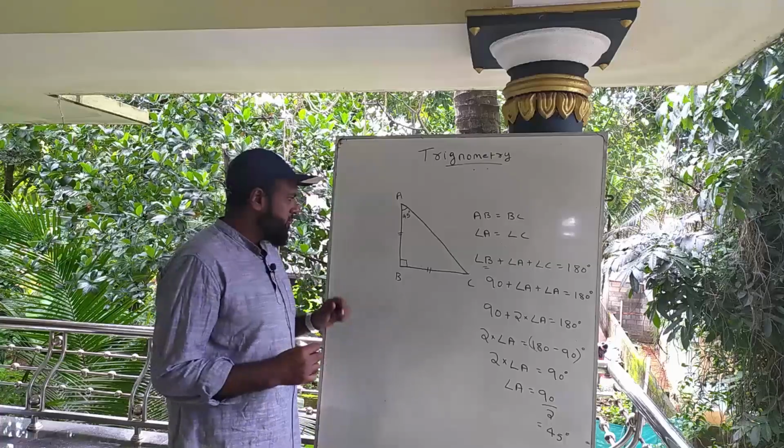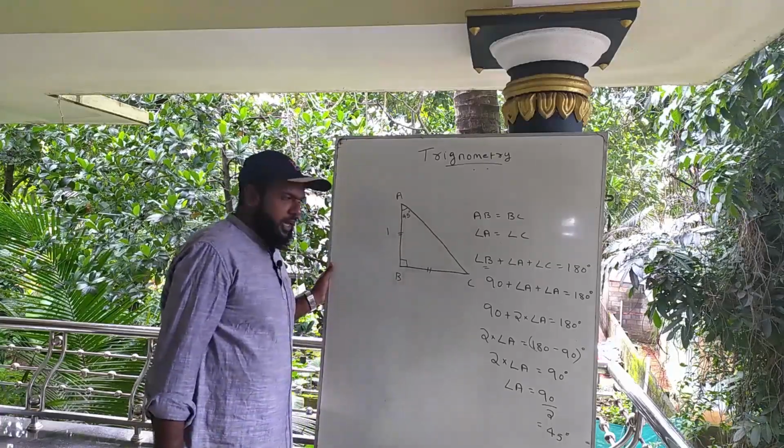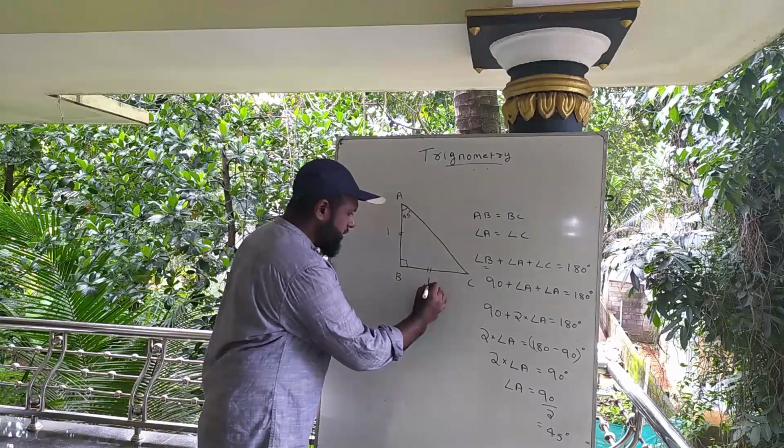Let us consider AB as 1 unit. Then BC will also be 1 unit.